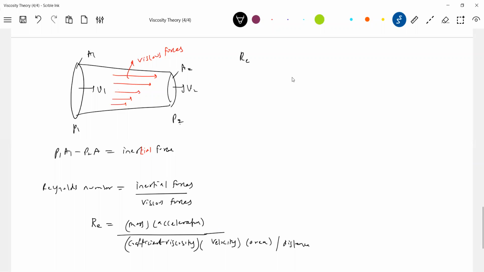Let's check it dimensionally. What is the mass? Mass we can write as rho L cube.